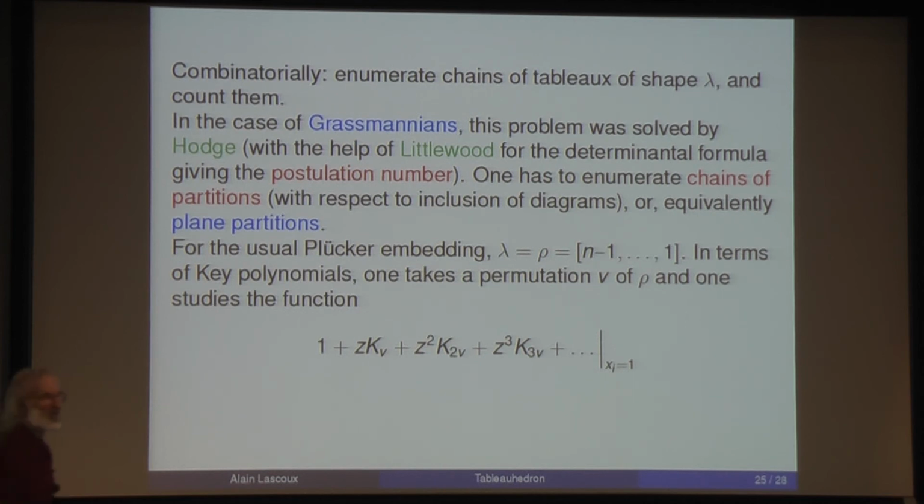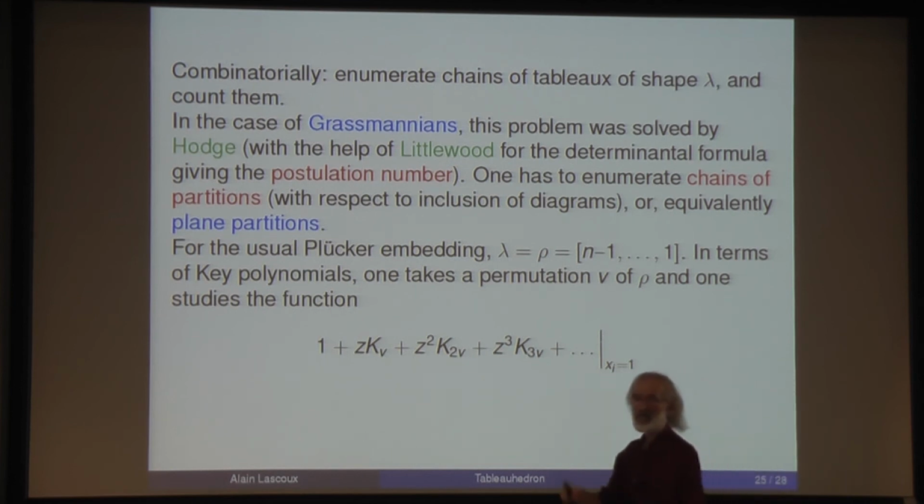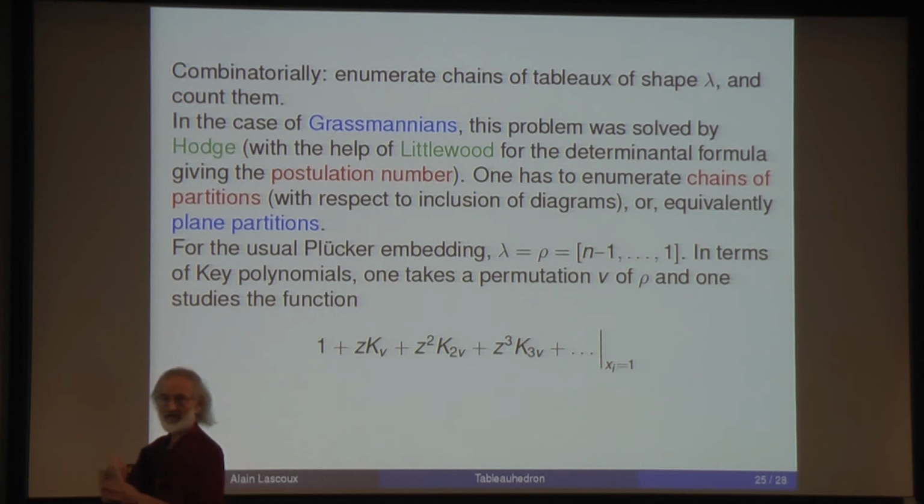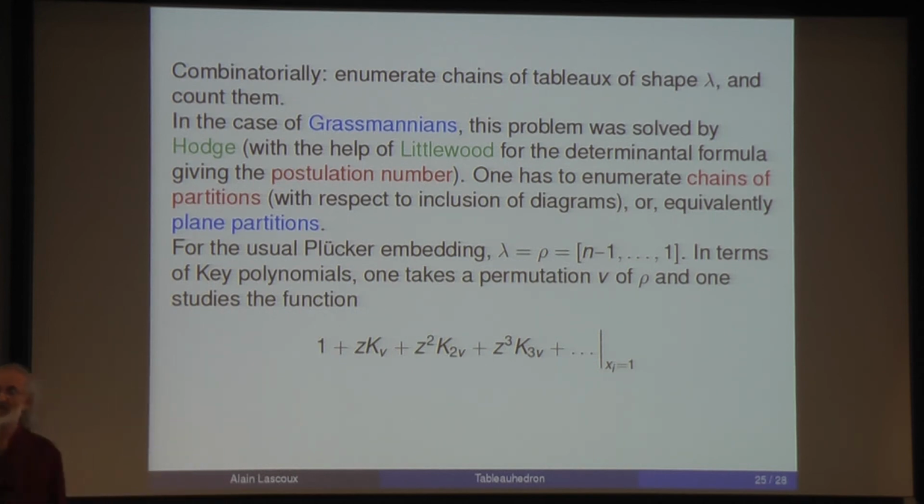He gave a determinantal expression, but he could as well have given just a rational generating series, and so he obtained the postulation number, which is exactly to count the number of rectangular tableaux having a left and right column given. But if you interpret a rectangular tableau as a sequence of partitions, then it's really chains of partitions.